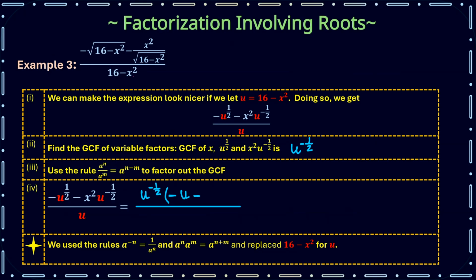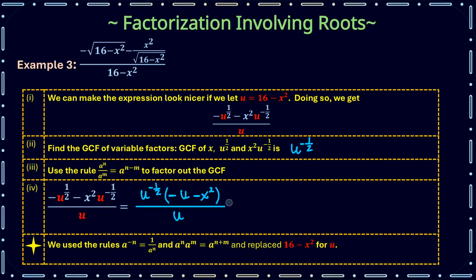And then we have minus x squared. U to the negative 1/2 is already out. Close the parentheses. In the bottom, we have u. And once again, if you have a factor with a negative exponent, it is common to put that in the denominator and write it with a positive exponent.